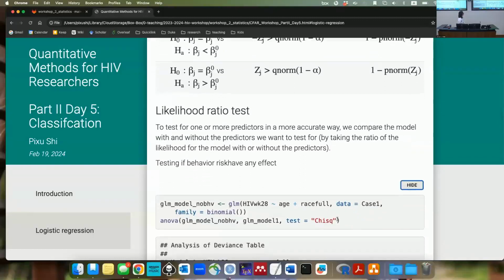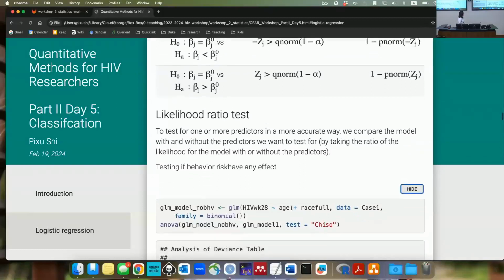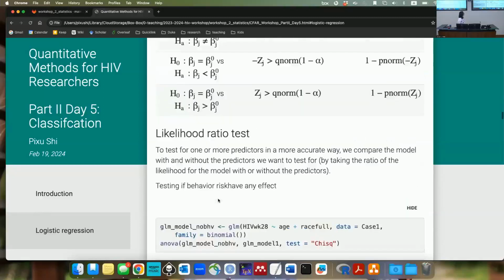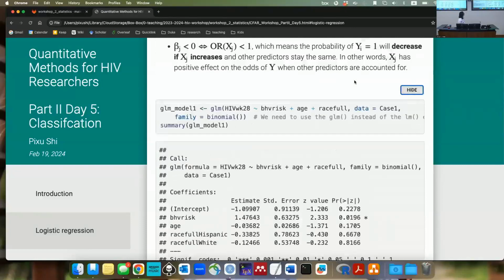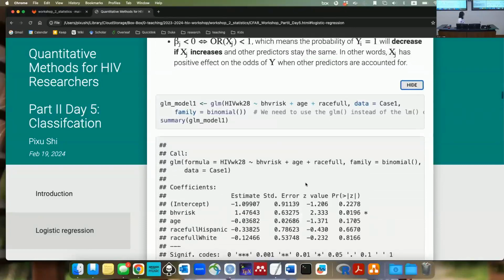Like linear regression, we're going to fit a model without the predictor that we want to test for. Suppose we're trying to test for the behavior risk score. We have this model without the behavior risk score, and before that we have the model that has the behavior risk score. This is the full model with everything.